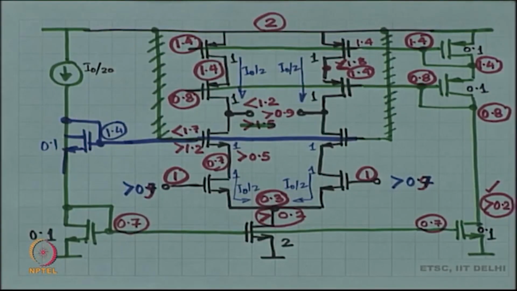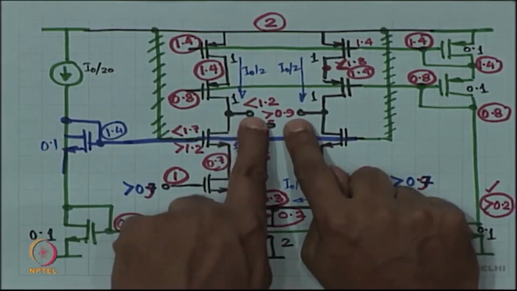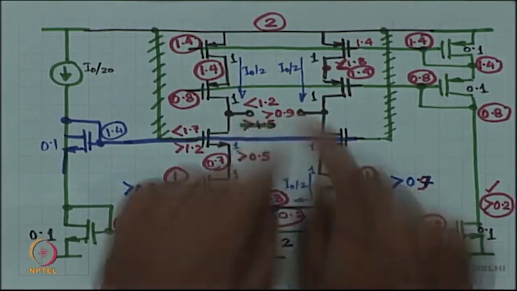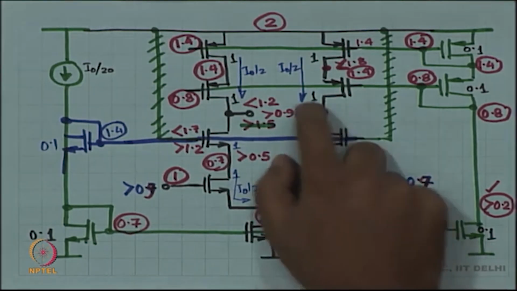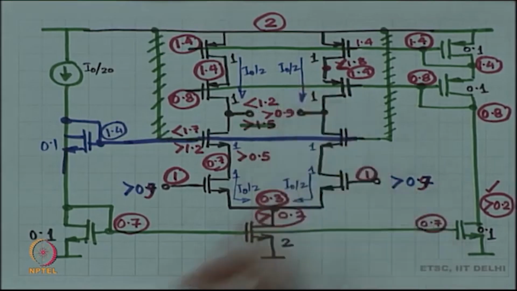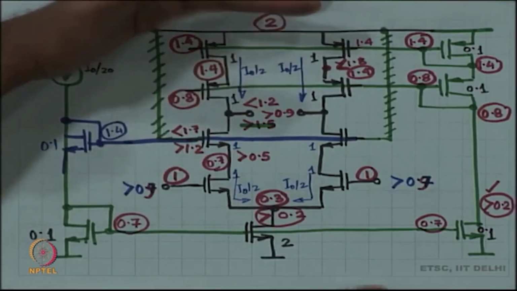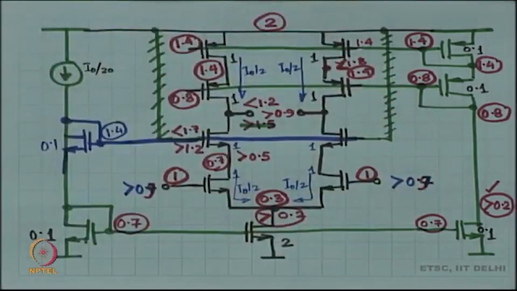They are all eating up headroom, which is leaving not much room for the output nodes to swing. Okay. So, if you want the output nodes to swing more, what do you have to do? You have to somehow re-engineer the circuit such that the stack size is not 5 devices, it is less. Okay.